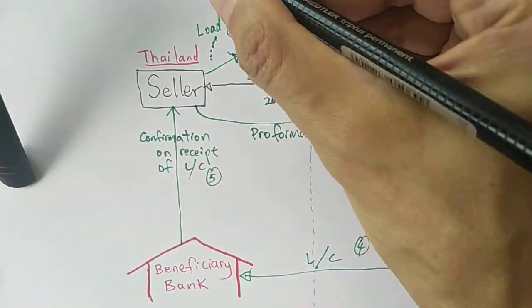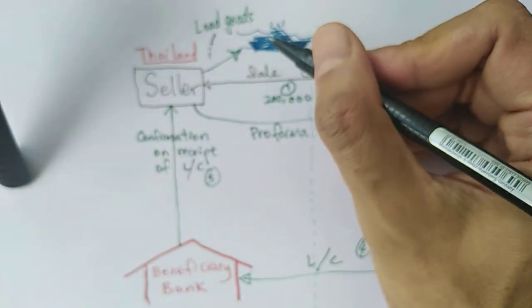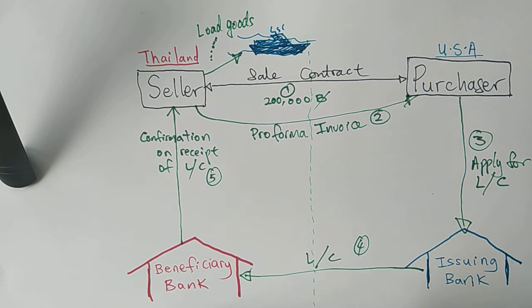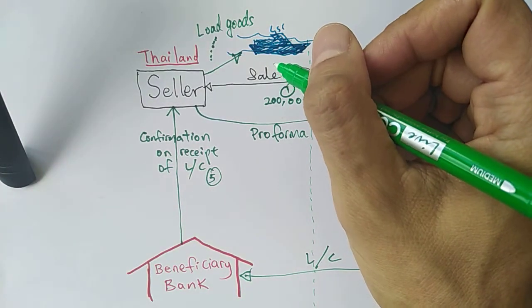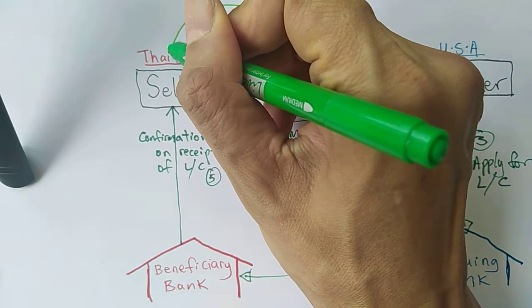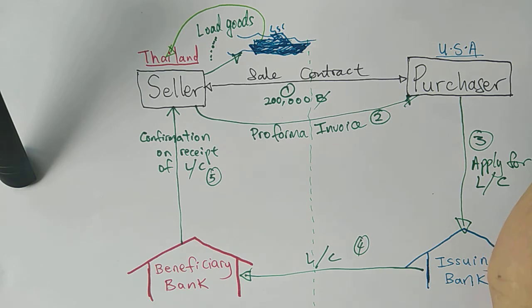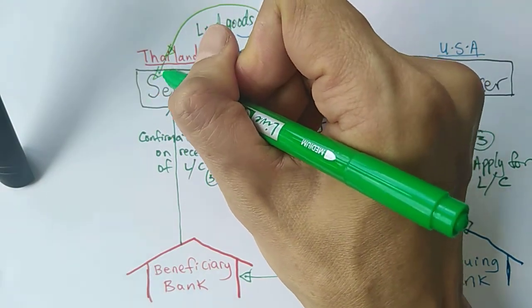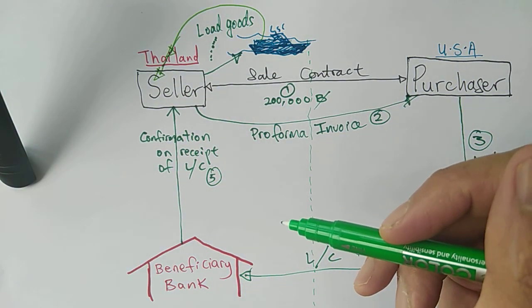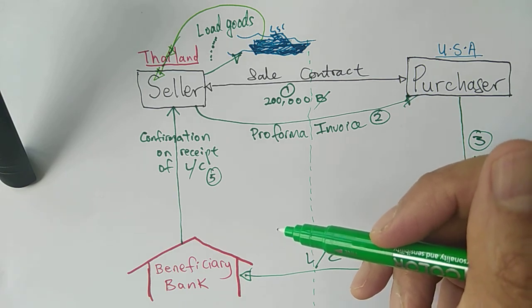When the goods are loaded onto the ship, okay, the shipping company would issue to the seller in Thailand, all right, certain documents. What documents would it be issuing?